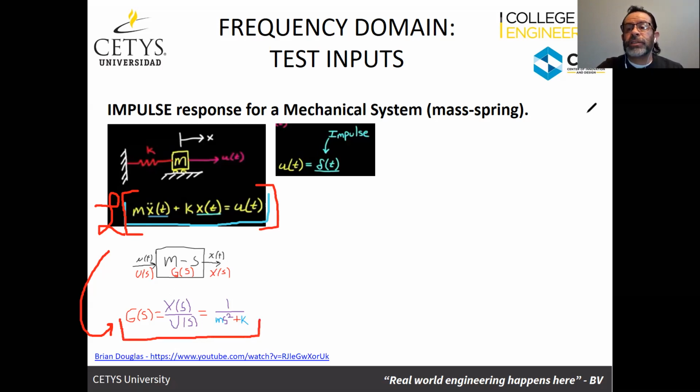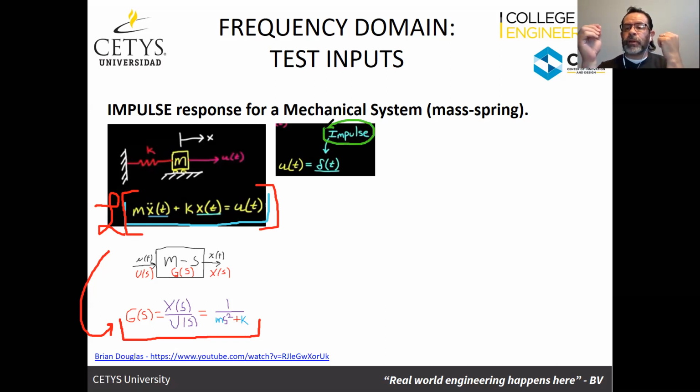Now, question to the group. We had already talked about this system. And remember that we're trying to think about how real things behave. So again, we've got a mass that's connected to a fixed surface with a spring, and we apply a force to it. Now, what type of force are we applying? Let's assume that the type of force we're applying to the system to see how it behaves is an impulse.